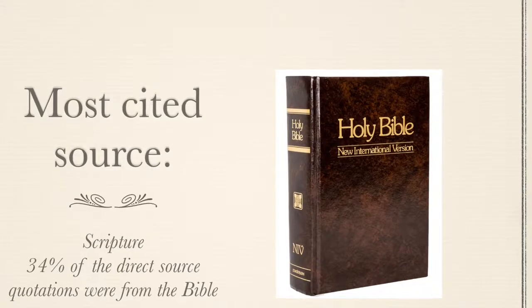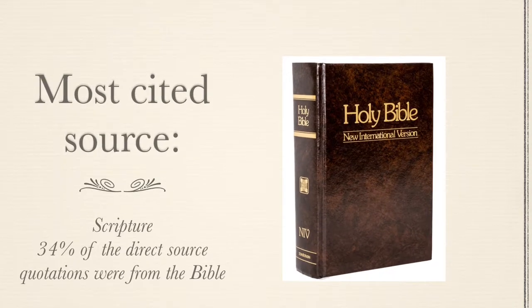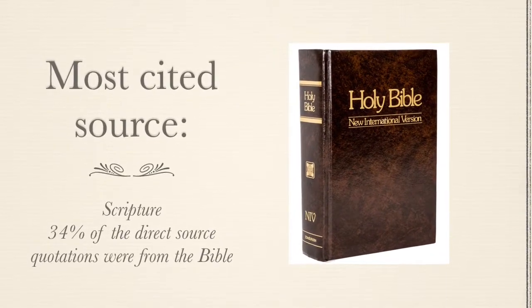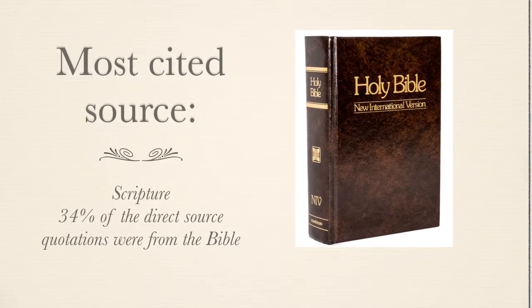Although these writers profoundly influenced the founders' thinking and writings, the research concluded that the founders cited Scripture 4 times more than Montesquieu or Blackstone, and 12 times more than Locke. Indeed, 34% of the direct source quotations were from the Bible.